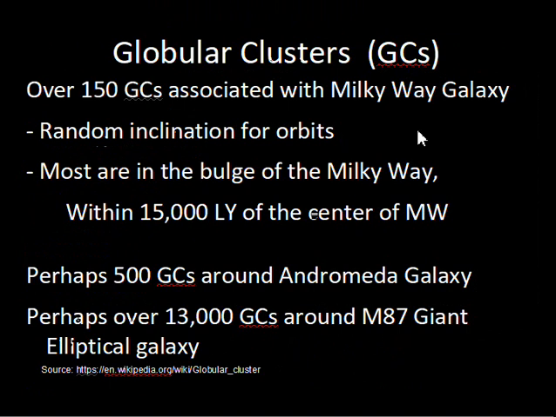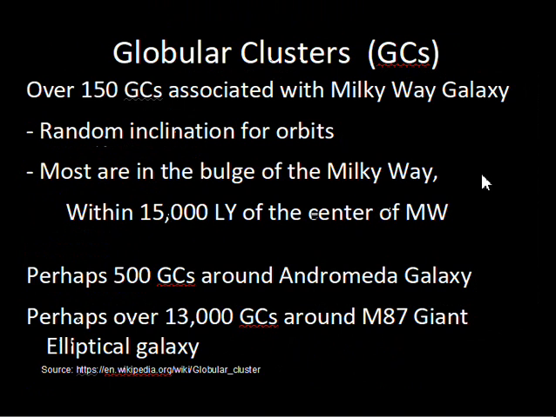Over half are in the bulge of the Milky Way, within 15,000 light years of the center, so very roughly within half of the distance of the Sun to the center of the galaxy. Our position, where the Sun is located, is about double this distance away from the center. So there is a concentration of globular clusters towards the center of the Milky Way galaxy.